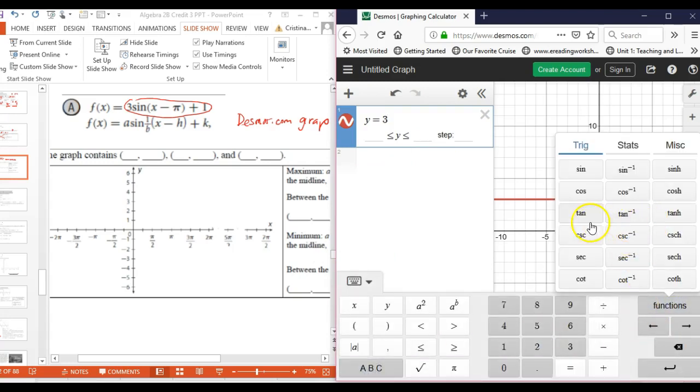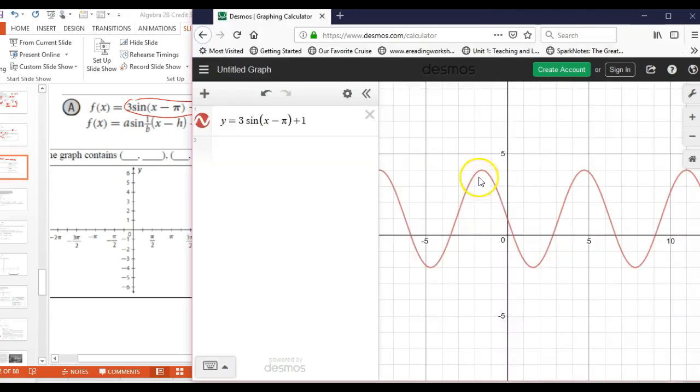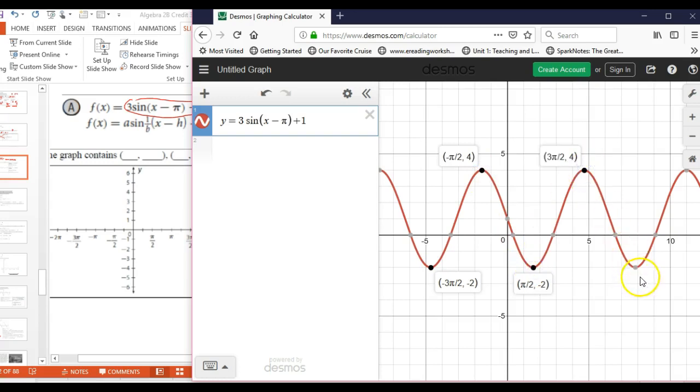Functions, sine, somewhere here, I promise. There it is. x, take away pi, close the parentheses, plus 1. Notice that every time you move the graph, it does kind of get rid of those points. Just in case you didn't know, that's what happens. Take some time and go ahead and graph this out, and we'll answer the questions on the page in just a moment.